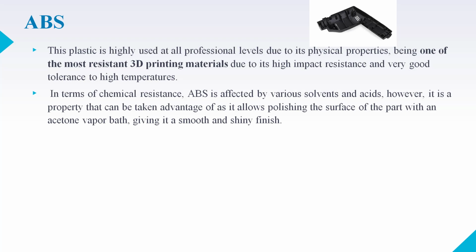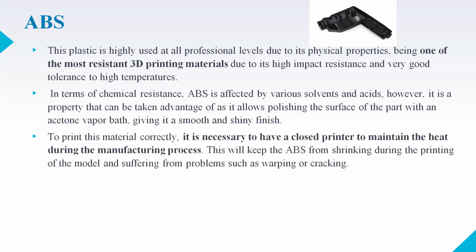To print this material correctly, it is necessary to have a closed printer to maintain the heat during the manufacturing process. In an FDM 3D printer, if we are using PLA, it is not mandatory that it be a closed 3D printer, but for ABS it should be a closed printer, so there will be no heat leakage.